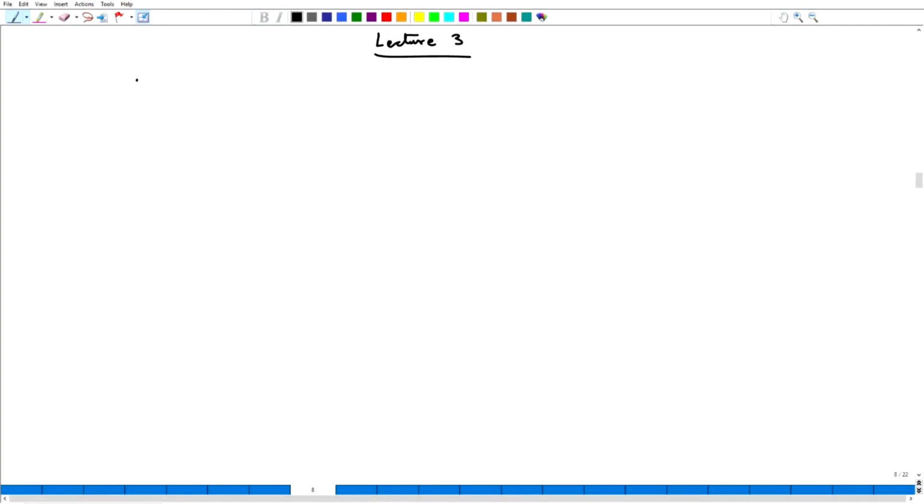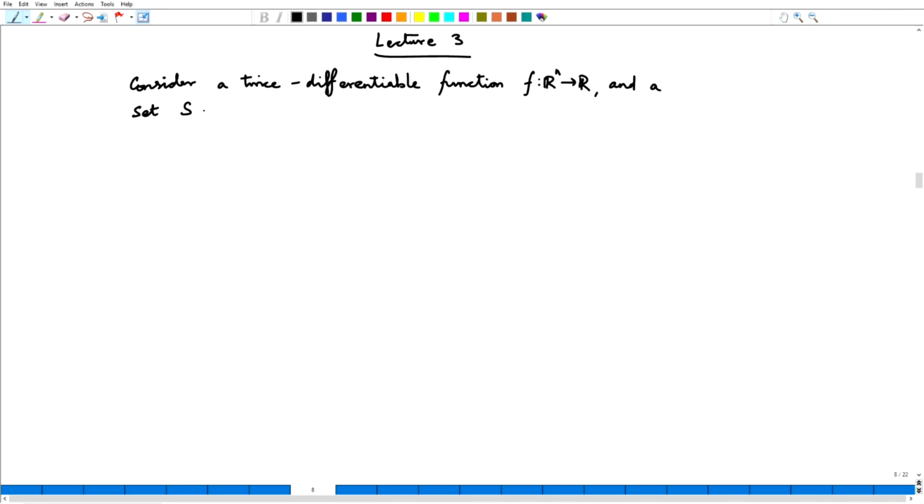So, we consider a twice differentiable function whose domain is from Rn to R and a set S that is a subset of Rn.